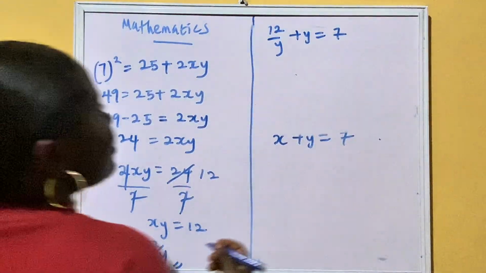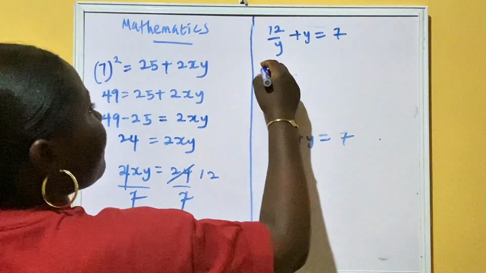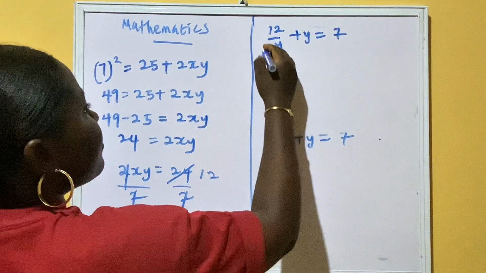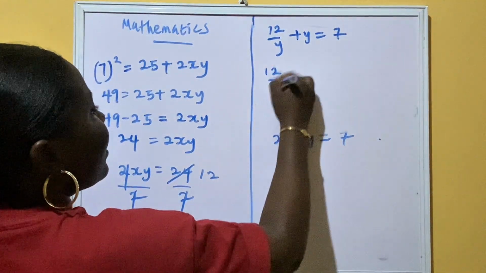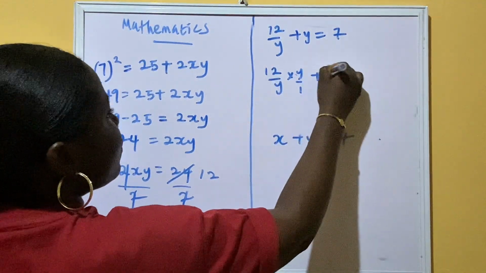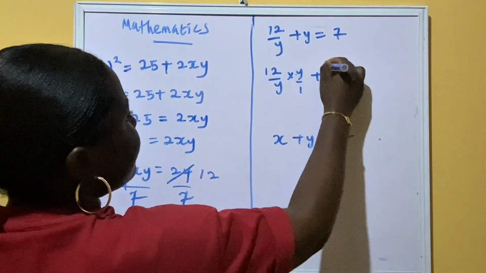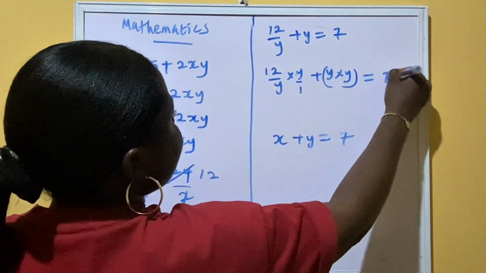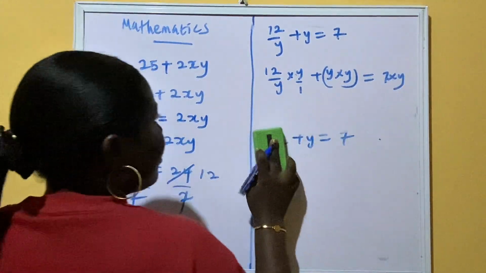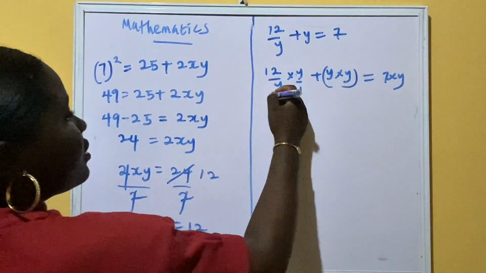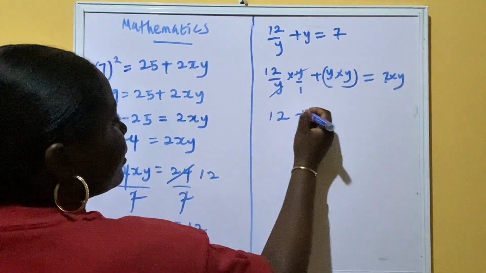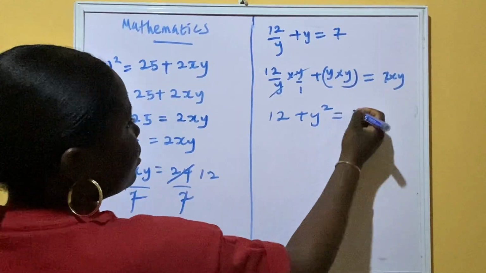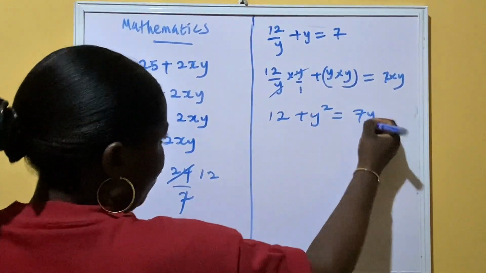If you multiply through by y, you have 12 over y times y over 1, plus y times y is equal to 7 times y. So this cancels this: 12 plus y squared is equal to 7y.